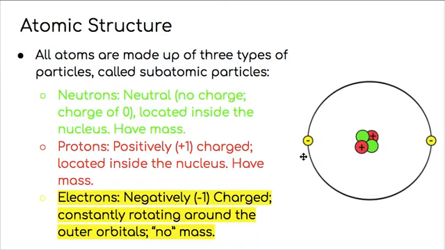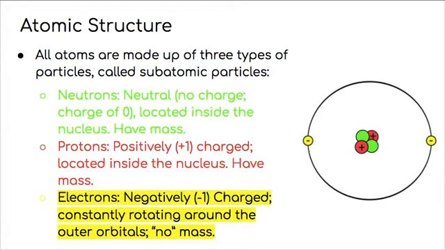We call this negligible mass, meaning that it is so tiny that we don't even take it into consideration when calculating the mass of the atom. So we consider the electrons to have no mass, meaning that when we calculate the mass of an atom, we do not take the electrons into consideration.